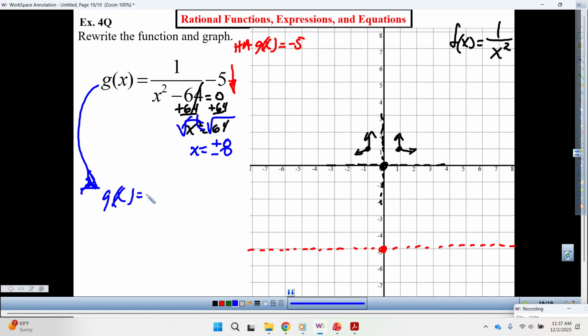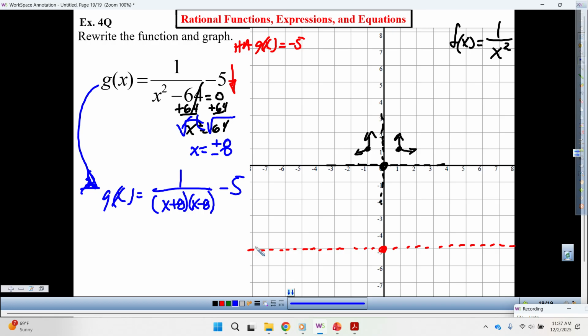G of X equals 1 over X plus 8 and X minus 8. All right, tell your neighbor what to do from there. Then Miguel's going to enlighten us.